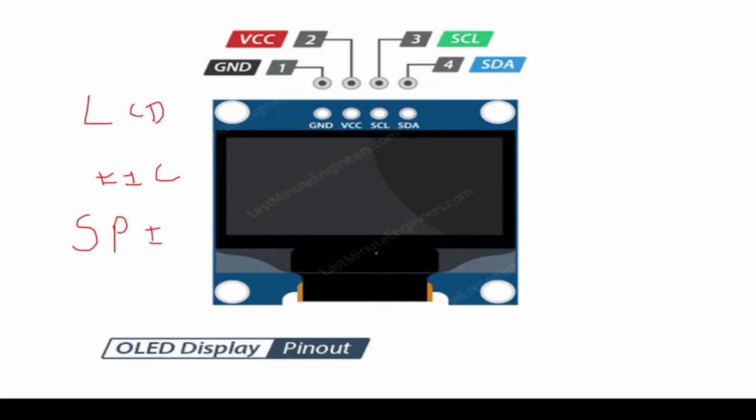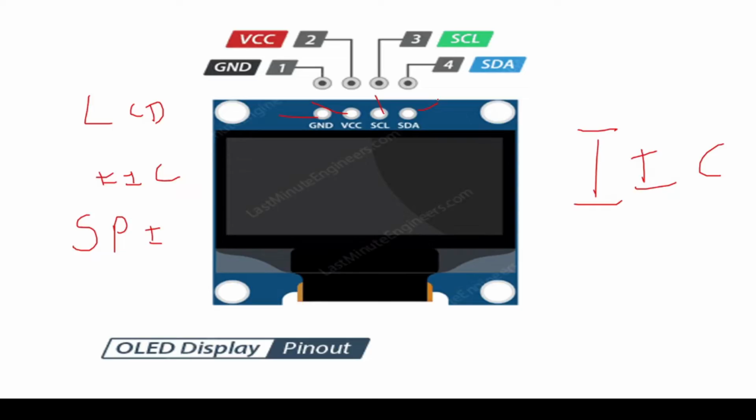Today we are going to use an OLED display which has the IIC protocol. In the IIC protocol display, we have only 4 pins. One is the ground, one is the VCC, another is the clock pin, SCL, and SDA is the data pin through which we give the data that should be displayed on the OLED display.